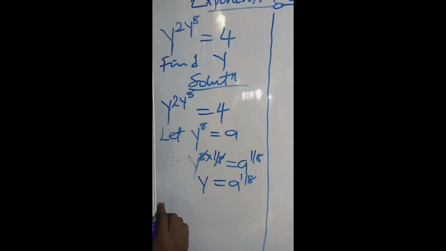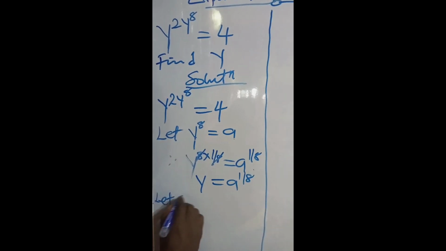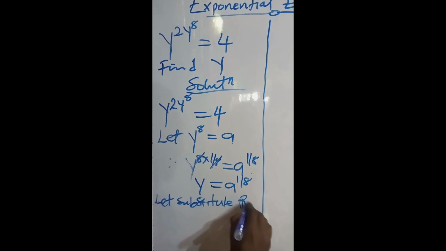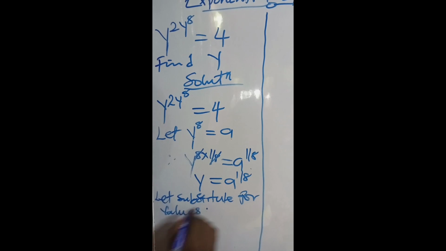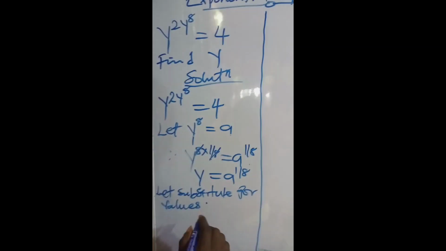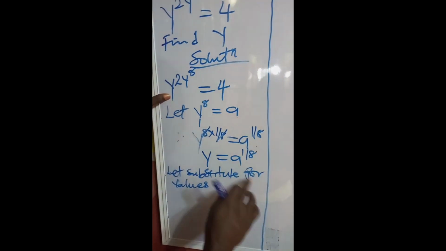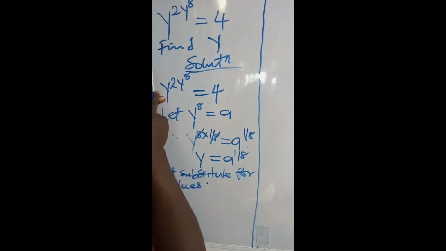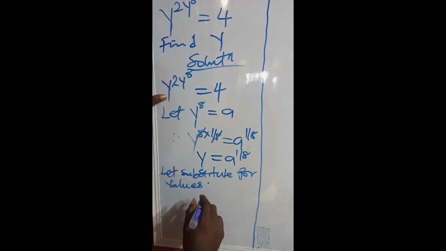Now, let's substitute for values. What we have here is y. And what is the value of y? y is equal to A raised to power 1 over 8. So where we have y, we are replacing it with A raised to power 1 over 8.